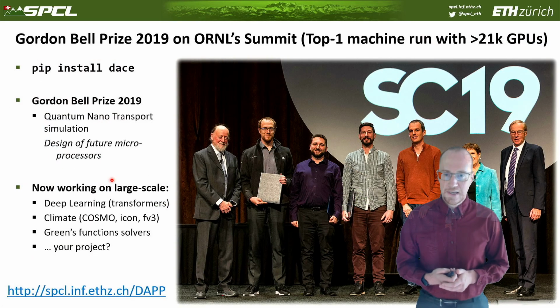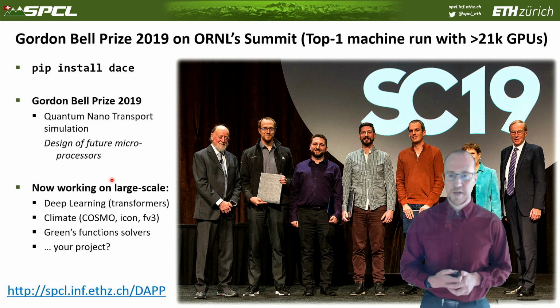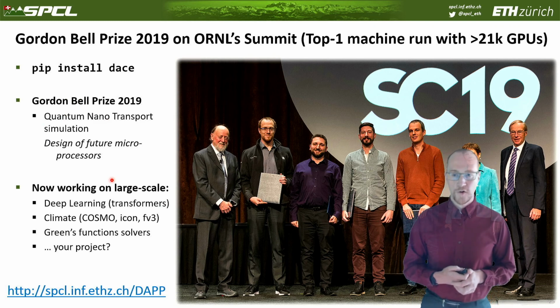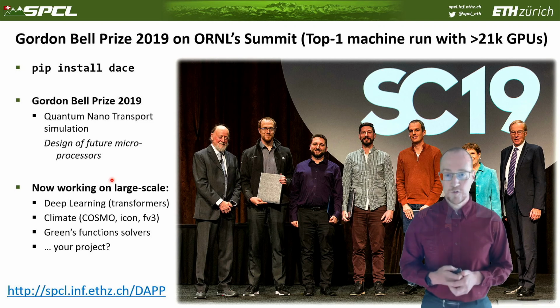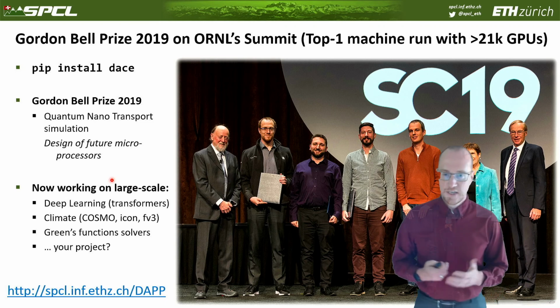So then the highlight of our DaCe story is essentially the 2019 Gordon Bell Prize, where we ran on the top one machine at the time, the Oak Ridge Summit supercomputer, with more than 21,000 GPUs. We achieved a speedup of more than 10x, or a capability improvement of more than 10x, compared to a previous Gordon Bell finalist and honorable mention code, using these data-centric principles.